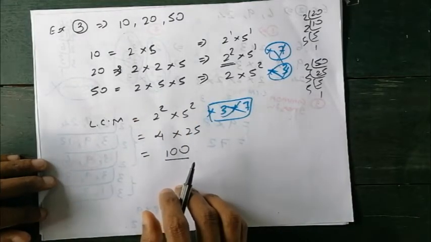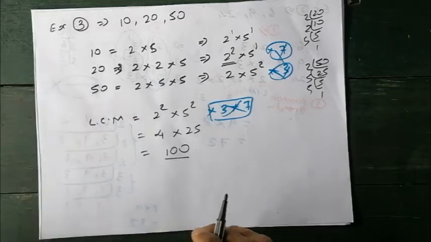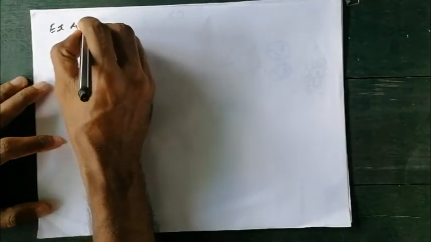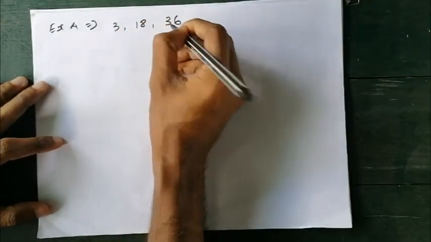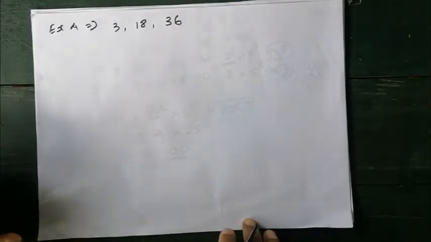Okay, we have the last example. As the last example we have 3, 18, 36. Find the LCM of 3, 18 and 36.